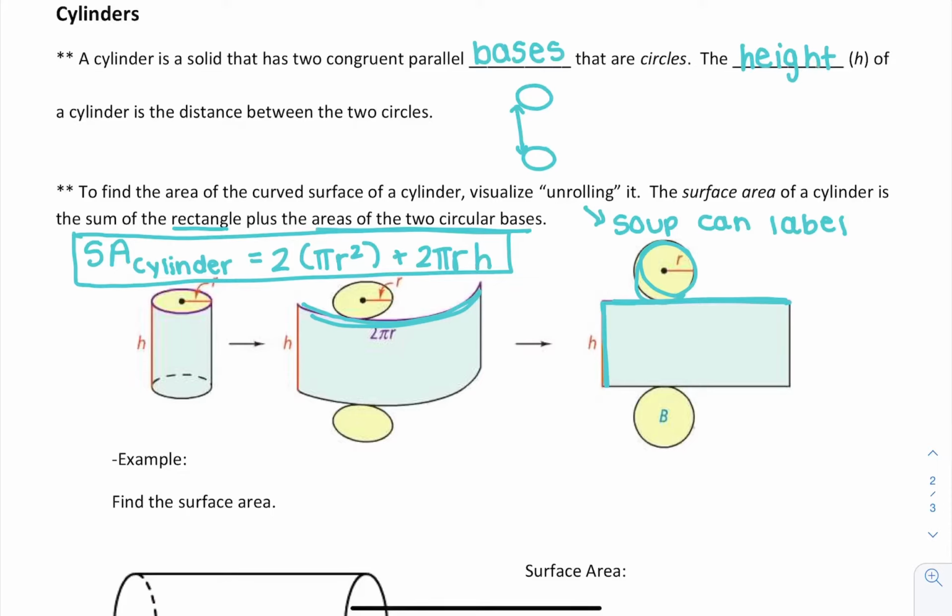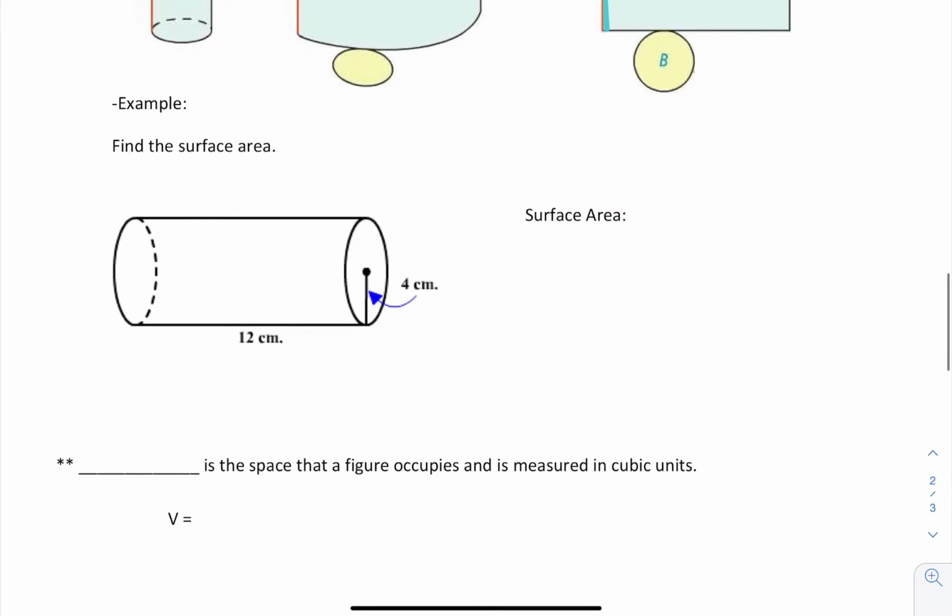So remember, for a cylinder, we have to add the rectangle plus the two circles. If we are trying to find the surface area of this cylinder, we know our surface area is the two circles, so 2 pi r squared plus 2 pi r h.